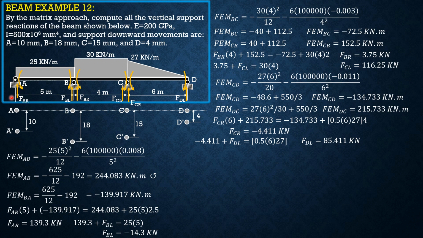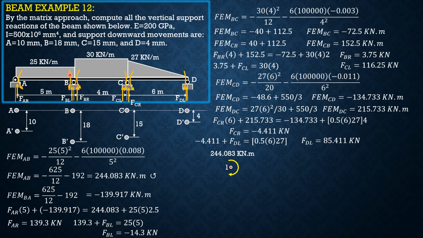So 0, left of A is 0, then minus fixed moment AB, which is 244.083, so negative 244.083. So it is clockwise, because counterclockwise rotation is the globally universally accepted correct sign convention. So it is negative 244.083 or clockwise.